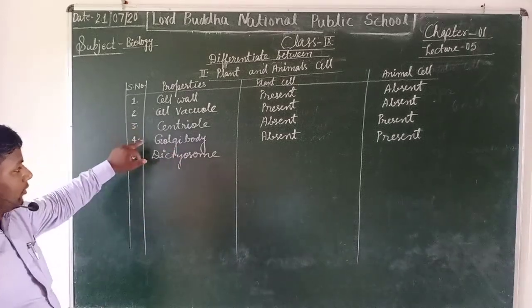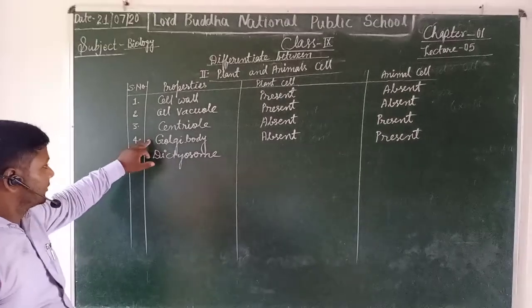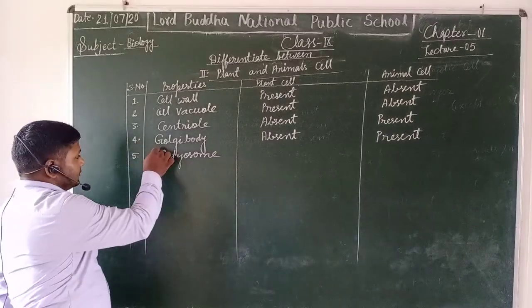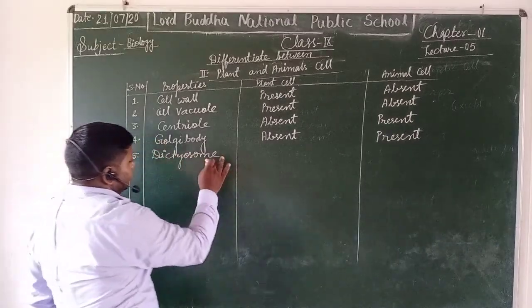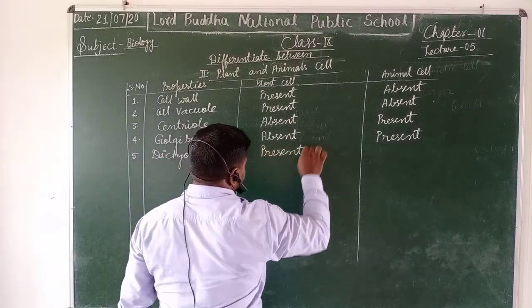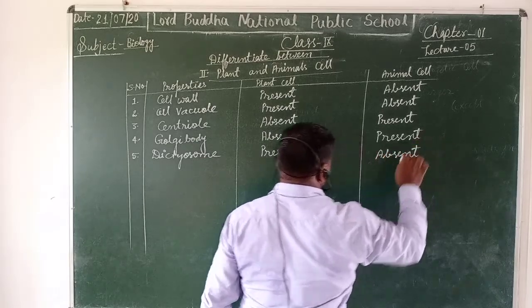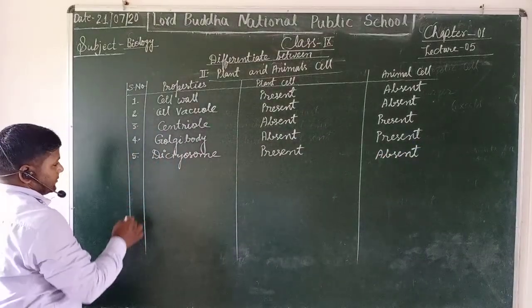In plant cell, the Golgi apparatus or Golgi body are known as dictyosome. Then I will mention here both the Golgi body and dictyosome. It is present in plant cell but absent in animals.